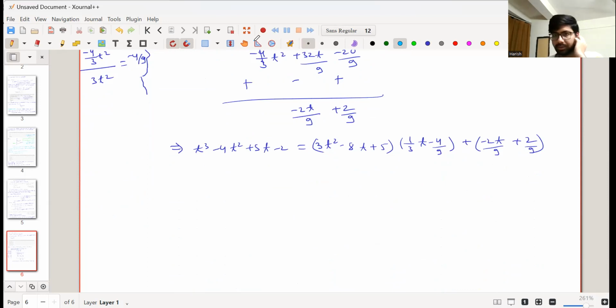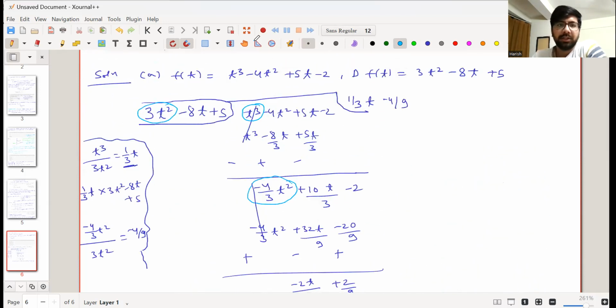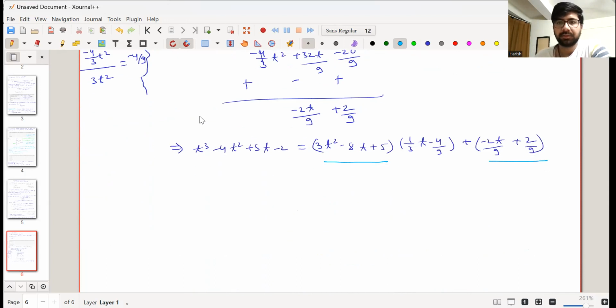Okay, now what we will do, we will now proceed with whatever is the remainder, this remainder, and this thing, right? So this is the dividend earlier. Because that's what the Euclid division algorithm says, no?